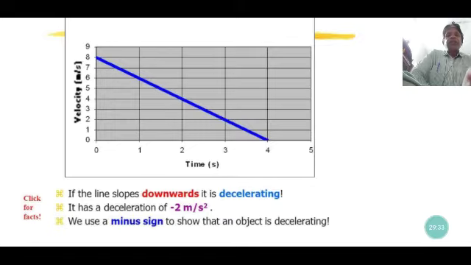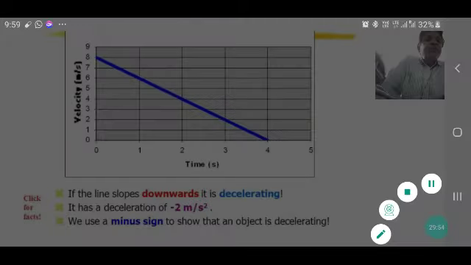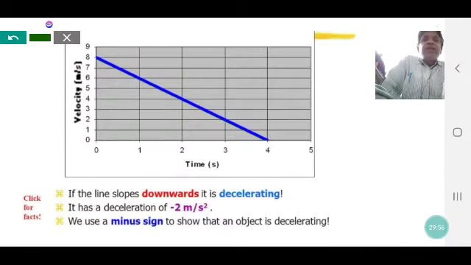What is the total change here? Acceleration is change in velocity by time. Here the change is 0 minus 8, that means minus 8 meter per second.